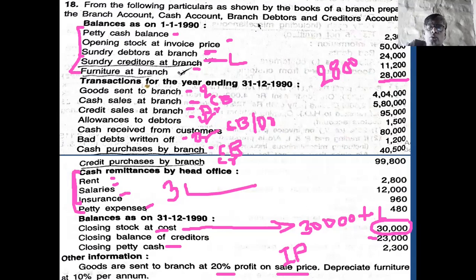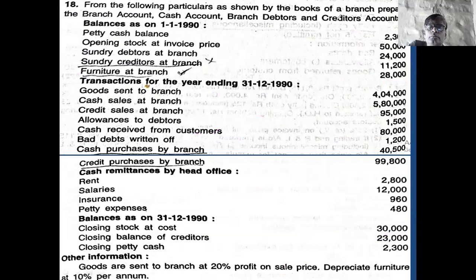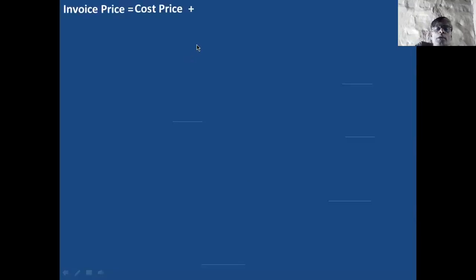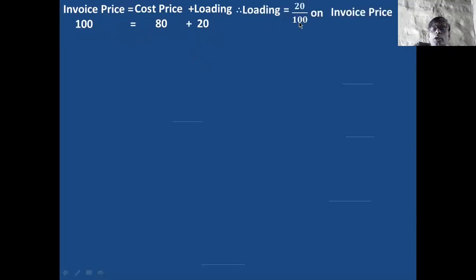Now you see the solution. Invoice price is equal to cost price plus loading. Loading is 20 and it is based on selling price. Selling price means IP, right? 100 and cost is 80. Then loading is equal to 20 divided by 100 on invoice price.